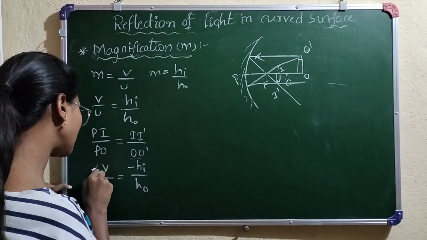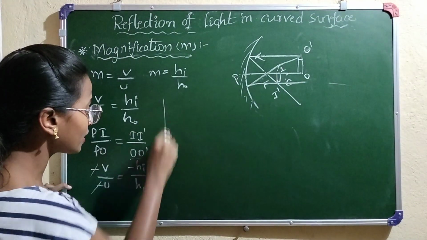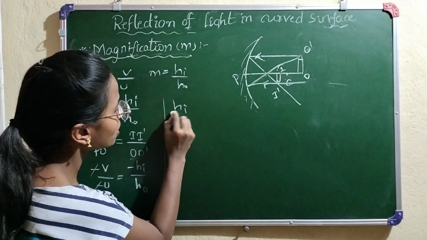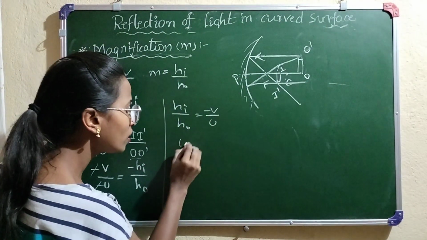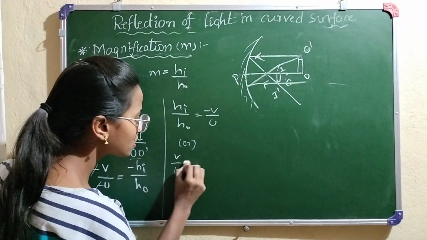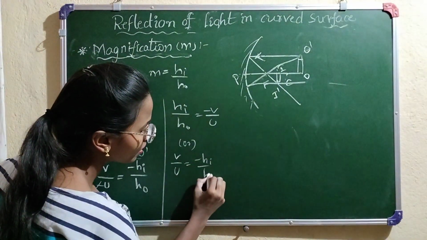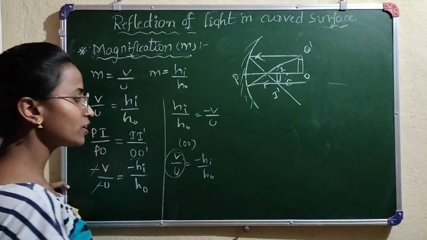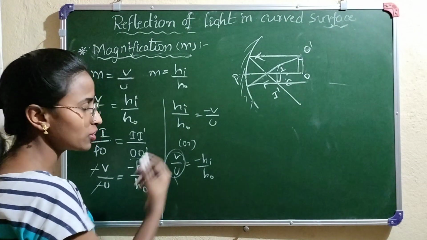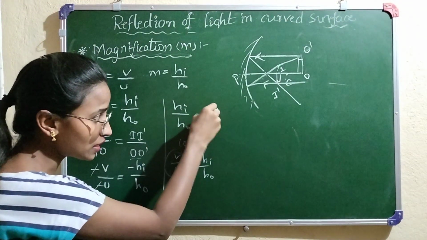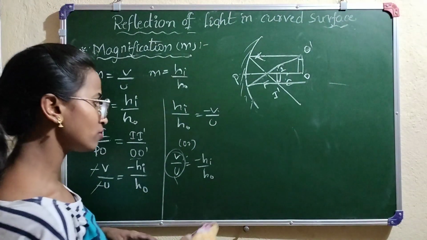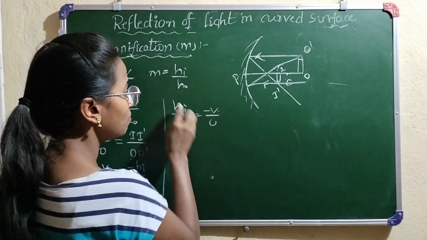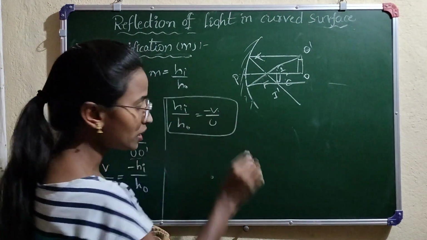Now if we cancel these two, we get the formula HI by HO is equal to minus V by U, or V by U is equal to minus HI by HO. But in the case of lenses we mostly use positive V by U. For mirrors, just remember minus V by U is equal to HI by HO.